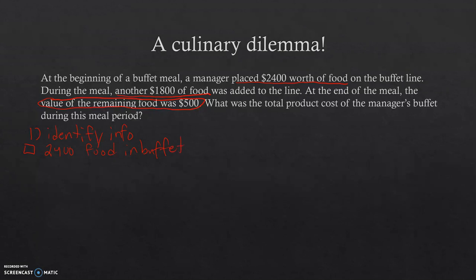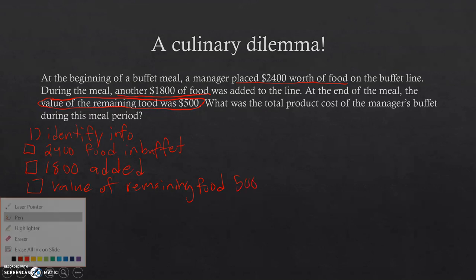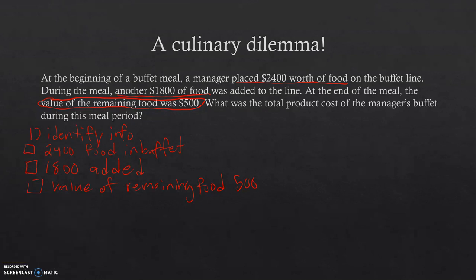And we want to make sure to write these out so that we're organized. So there's 1,800 added. And then our final checkbox is the value of remaining food is 500. So as we go through, we're going to check off these boxes and make sure that we've got them at the end.